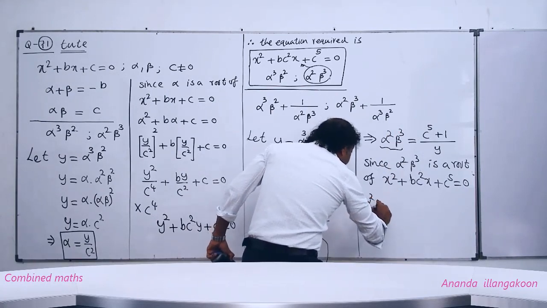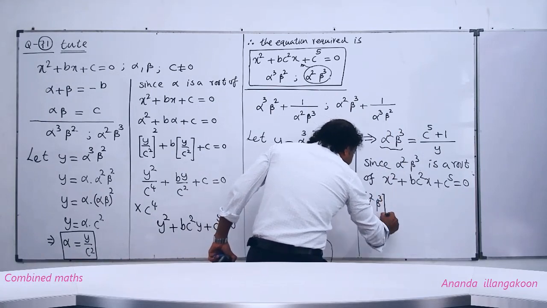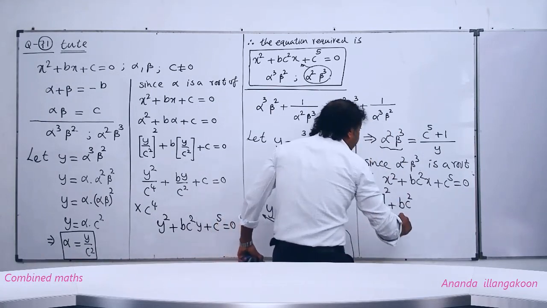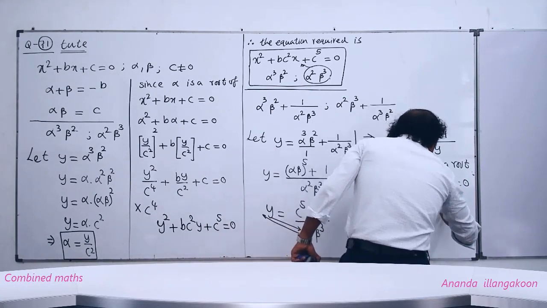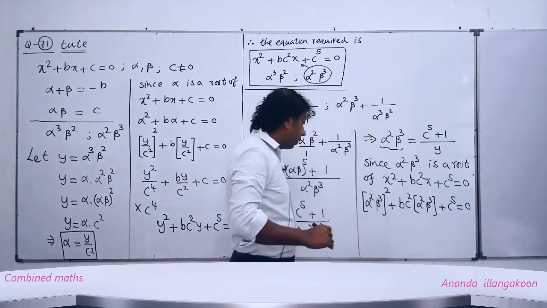Alpha squared beta cube, we substitute its perfect square, plus bc squared times alpha squared beta cube, plus c to power 5 equals 0. This we get.